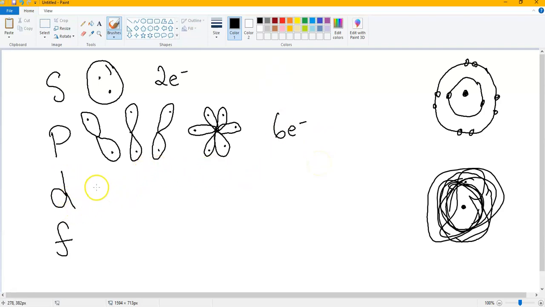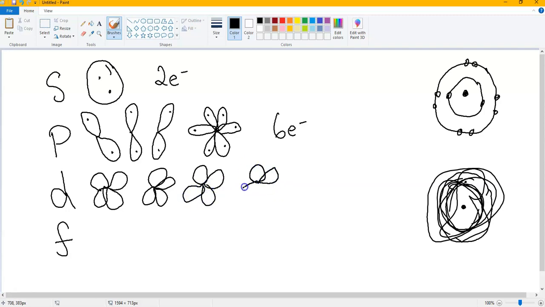Alright, so the next one, the d orbitals, these are for our transition metals, and it kind of looks like a 4-leaf clover. And there are 4 of them, 4 four-leaf clovers, and again, they're in different planes. Like it's in the XY plane, it's in the XZ plane, it's in the YZ plane, you know, things like that. But these are the d orbitals.